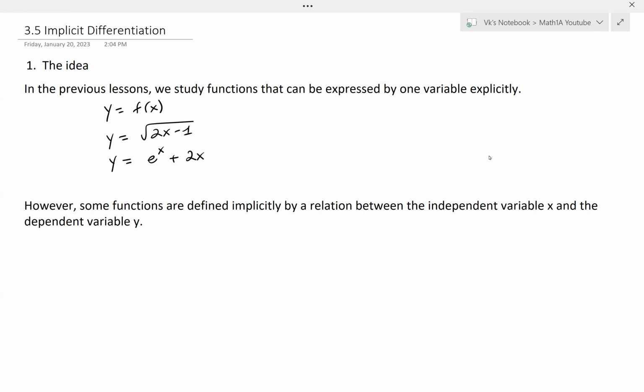However, some functions are defined implicitly by a relation between the independent variable x and the dependent variable y, such as x y plus y equals e to the x, x y squared plus y x to the 3 equals 2x y.